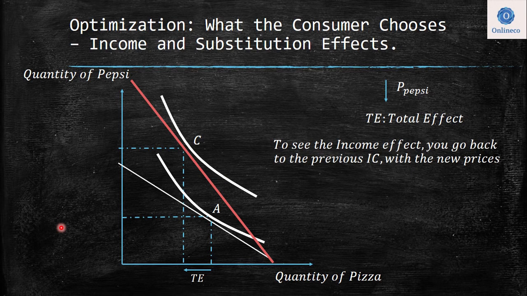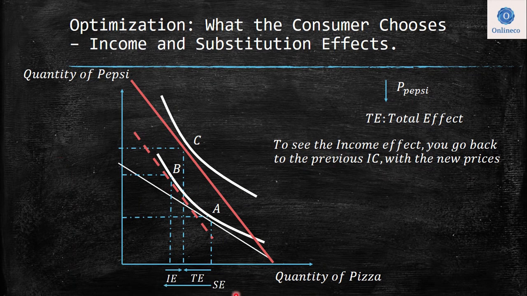To see the income effect, the easiest way is basically to go with the same slope to the original indifference curve. So you move this line parallel to this other indifference curve, and you will find a bundle B. So this difference, BA, will provide the substitution effect, right?